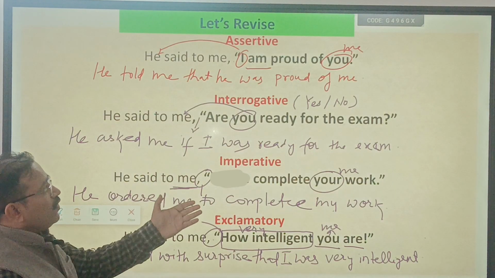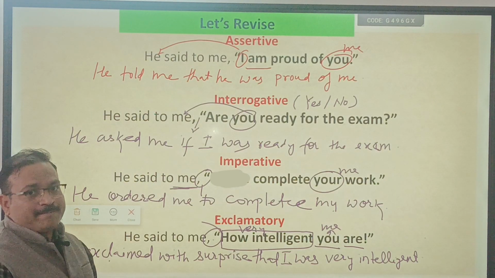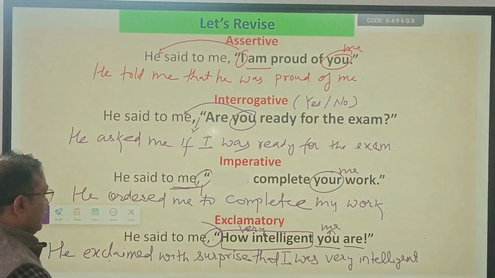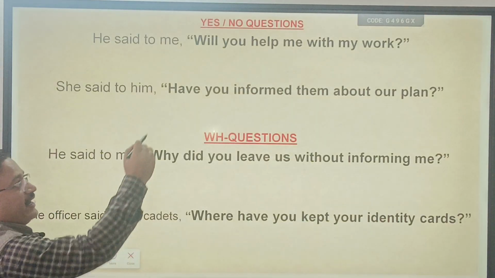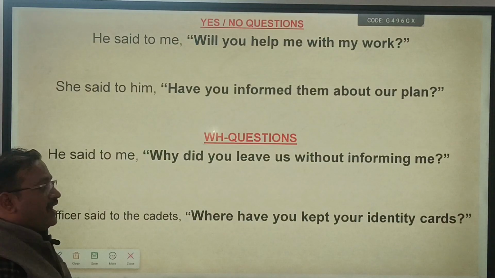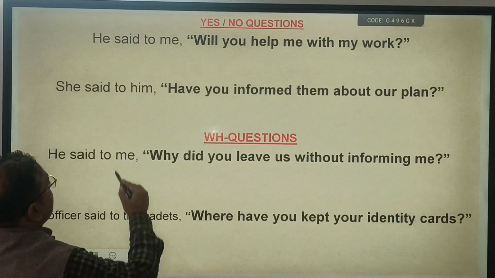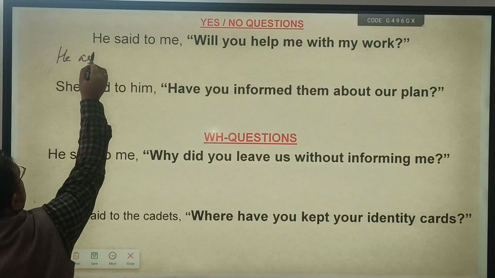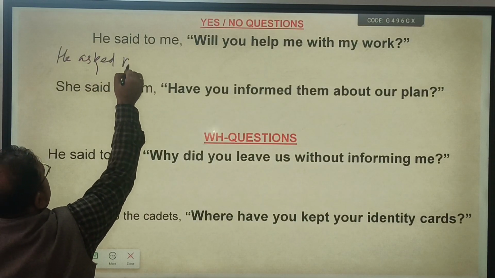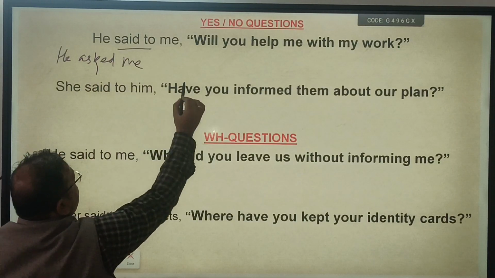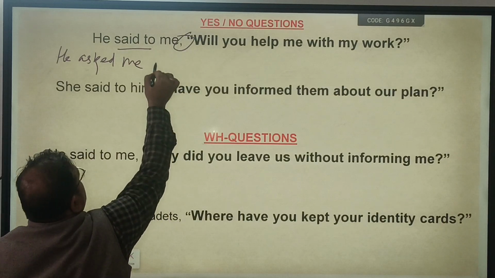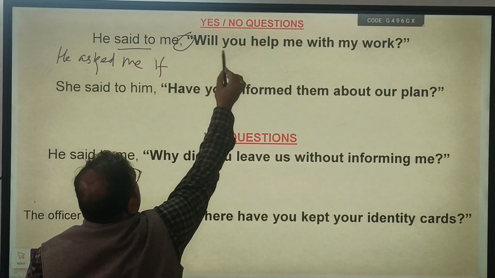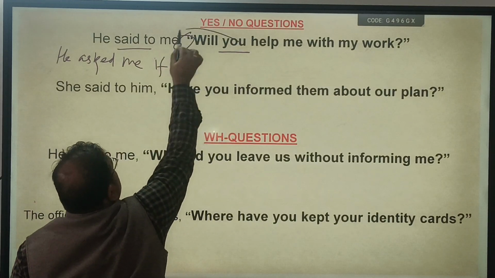So we have discussed all these four types. One more is left. Let us see. Interrogative sentence with yes or no and WH. "He said to me." He asked me. Yes or no question. In place of this, you will be changed by object.